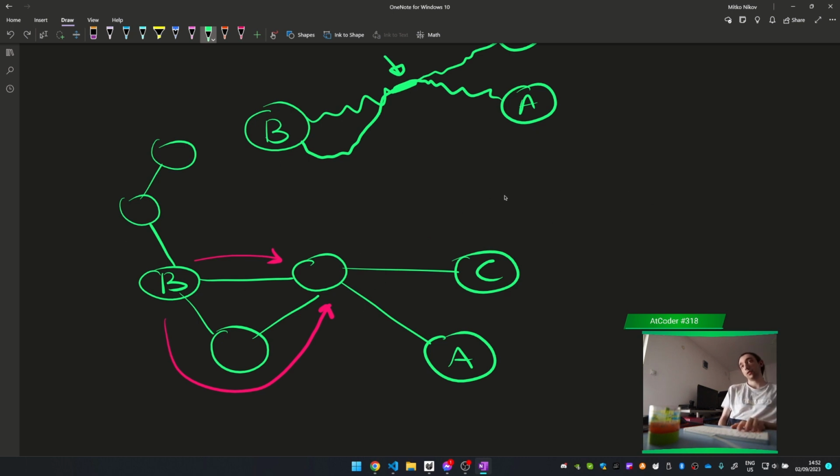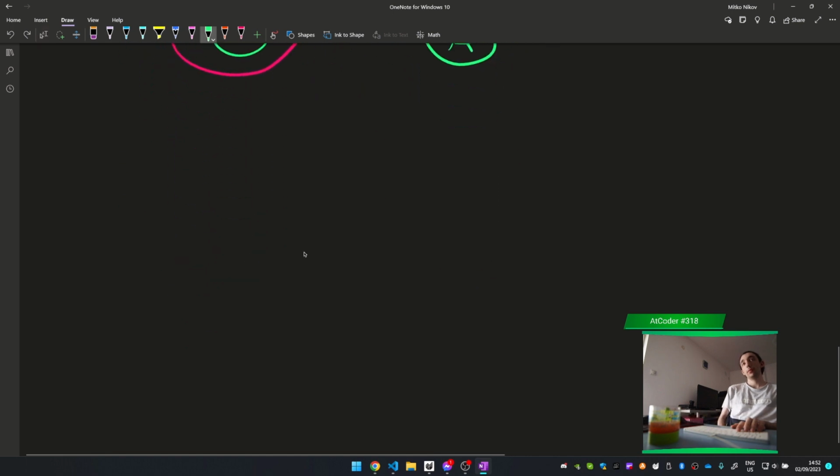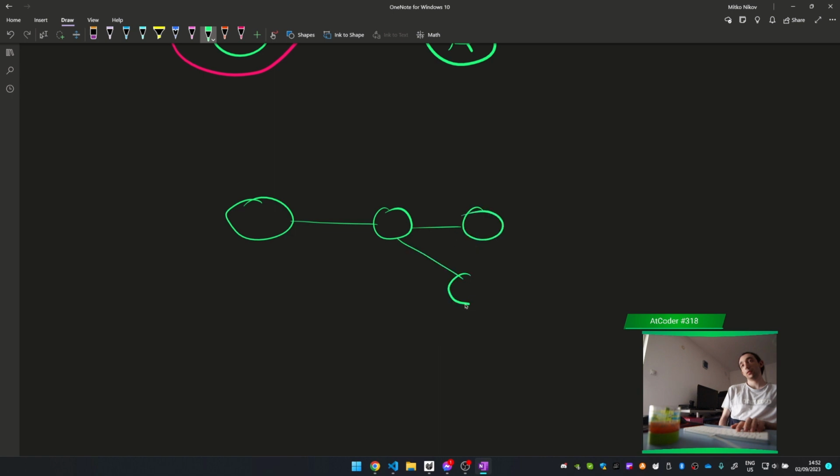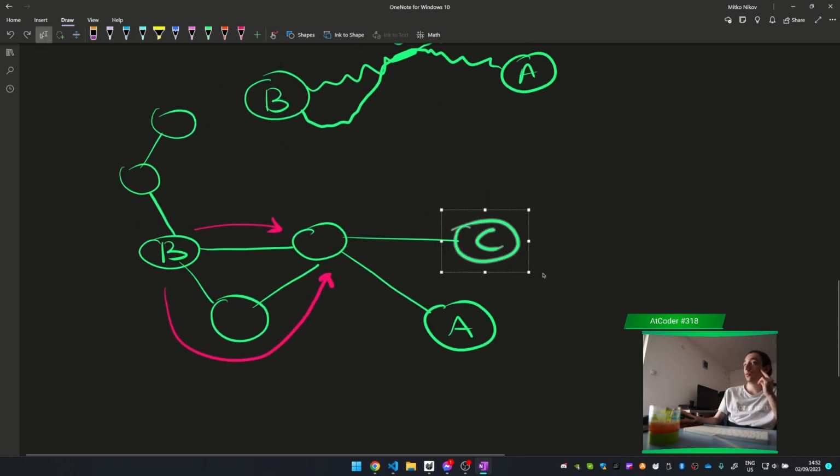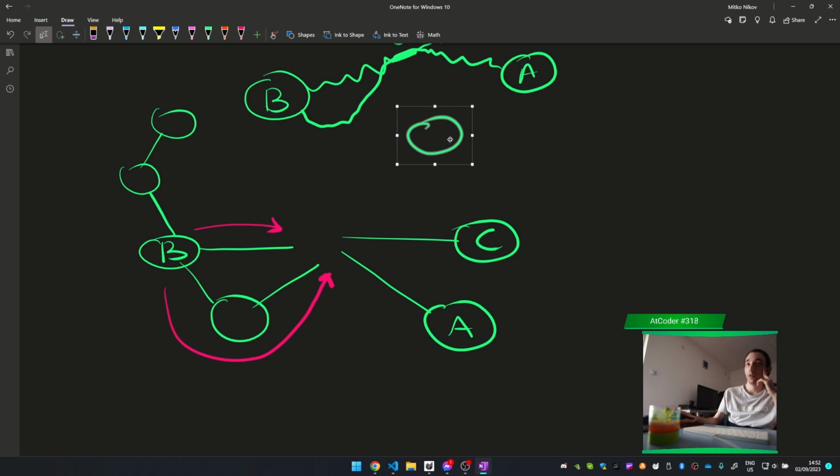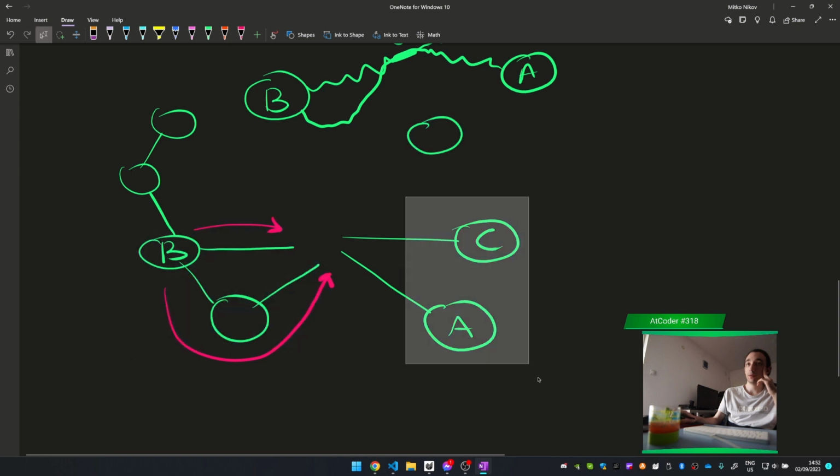But then can there be a case where you have something like this? So we want to know, if we delete this point, is it so that this becomes one component and this becomes another?